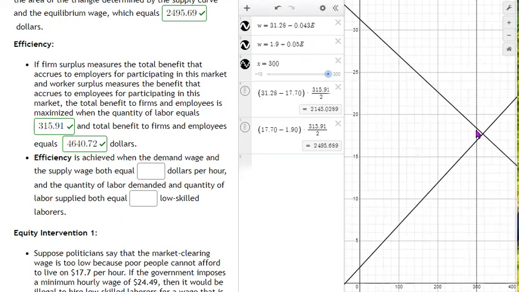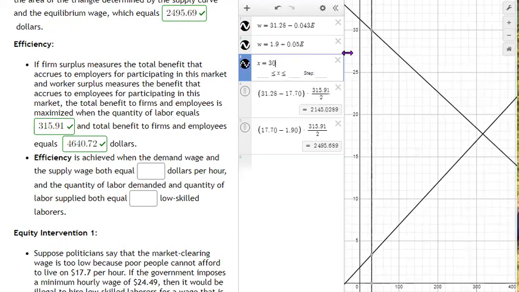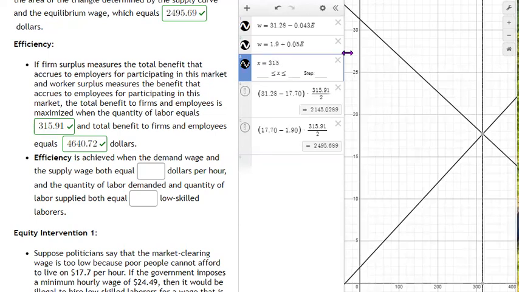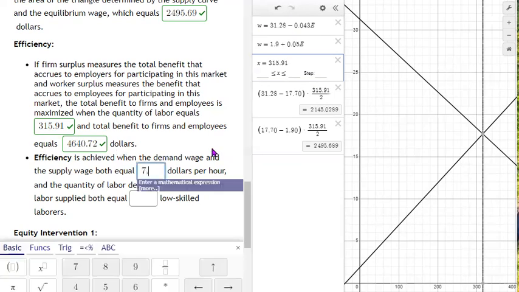This little area here, right? And the height between the price on the demand curve and the price on the supply curve are getting closer to each other. So efficiency is achieved when the demand wage and the supply wage both equal the market wage, 1770.